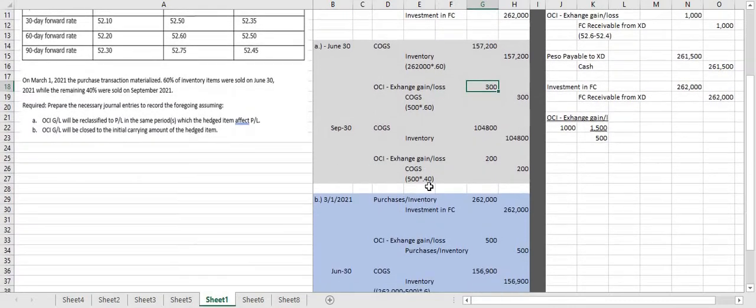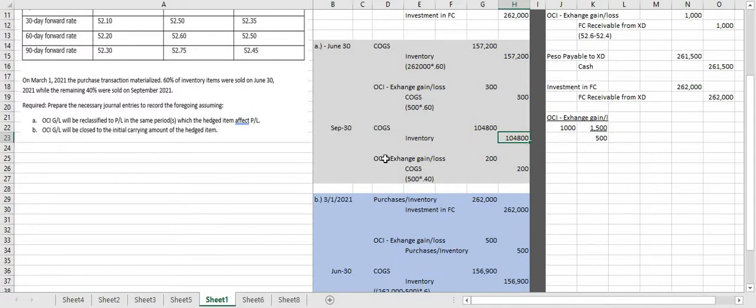Next is, dahil on September 30, nabenta yung remaining 40% ng inventory. Ayan, so the cost of goods sold to that would be the remaining 104,800, and a corresponding credit to, syempre, inventory, 104,800. Okay? And in this time also, i-close natin yung 40% remaining balance ng ating OCI.